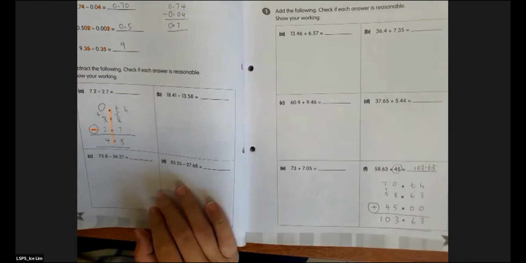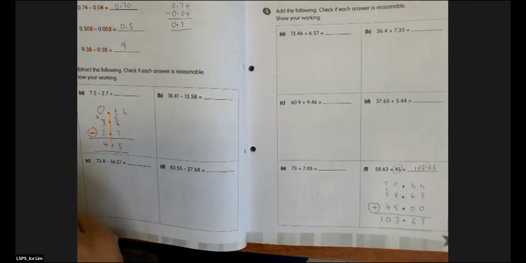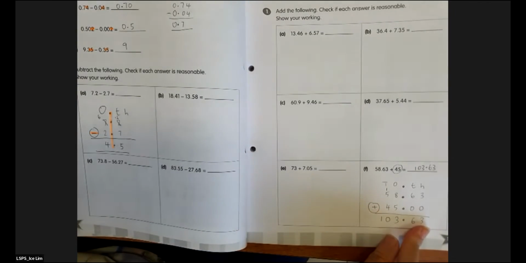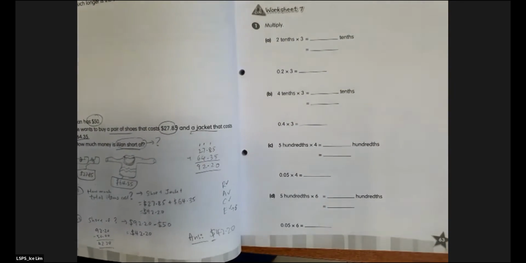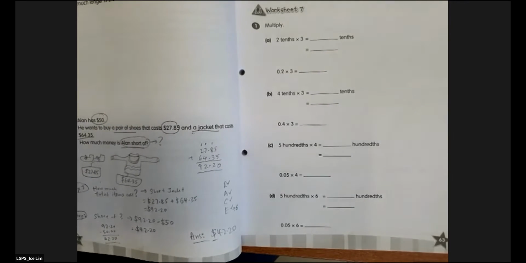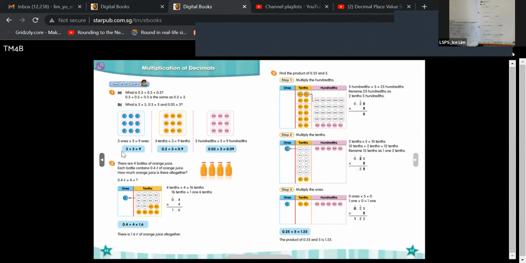But for decimals, you need to pay particular attention to aligning the decimal point. Right? So the same thing applies with multiplication and division. On page 63, if you have your textbook along with you, you'll be able to see the pages where the concept is explained very nicely in diagram form.